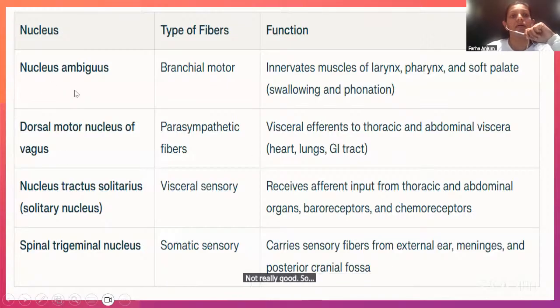So this vagus nerve has nuclei: nucleus ambiguus, dorsal nucleus, nucleus tractus solitarius, and spinal trigeminal nucleus.